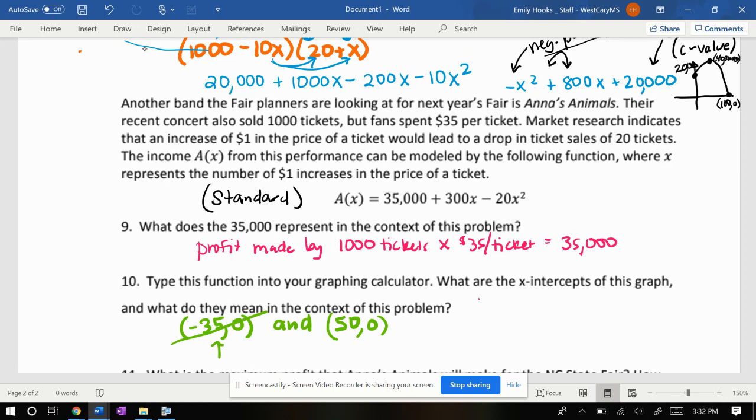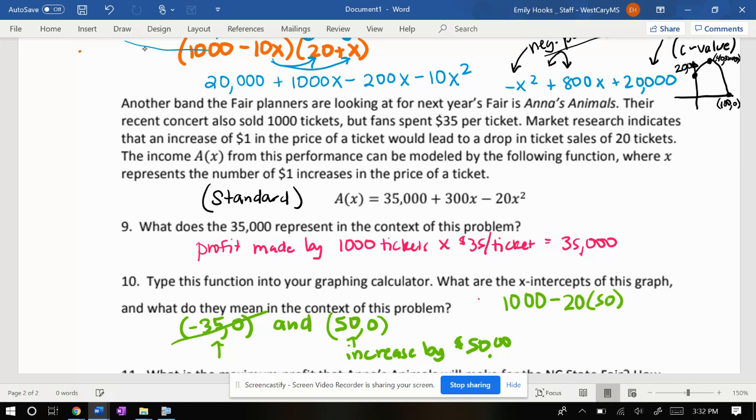So this is if you were increasing by $50, right? So if you were to do the problem, we would know that your people coming would go down. So your 1,000 people, you're losing 20 people every time.